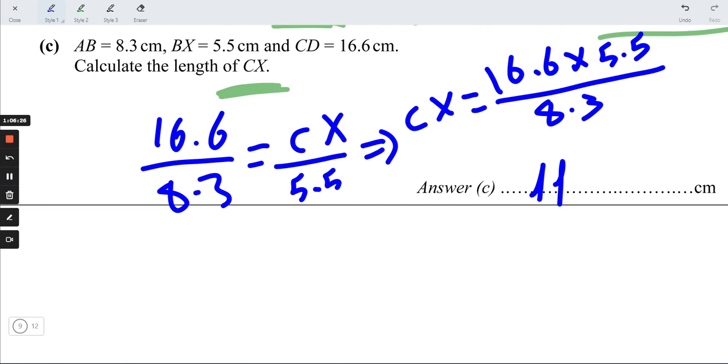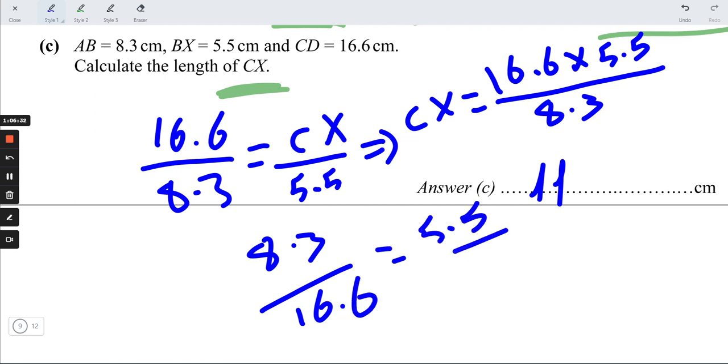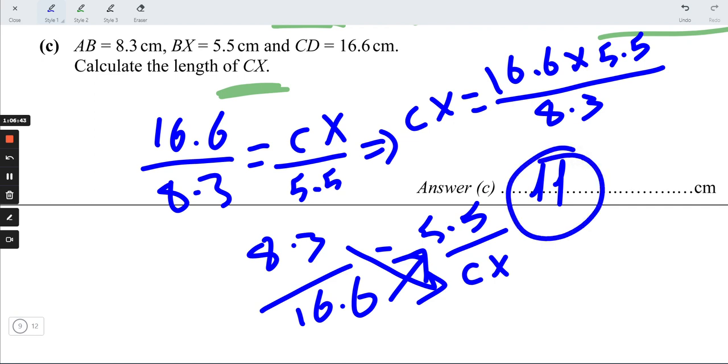Even if you are flipping them, 8.3 over 16.6 equals 5.5 over CX, you will get the answer. You should multiply 16.6 with 5.5 and CX times 8.3, you will get the same answer, 11 centimeters.